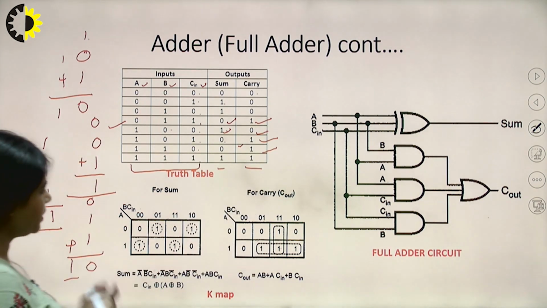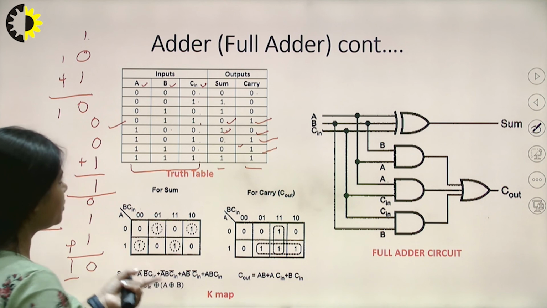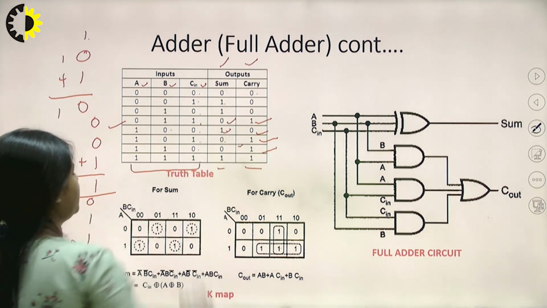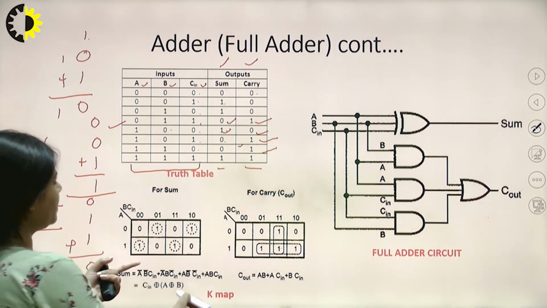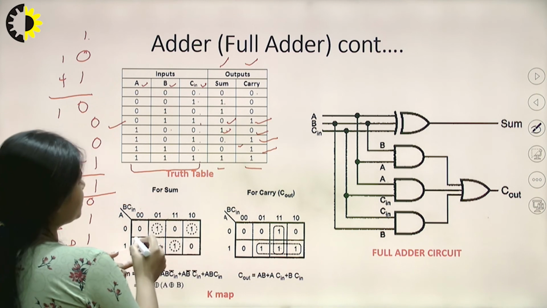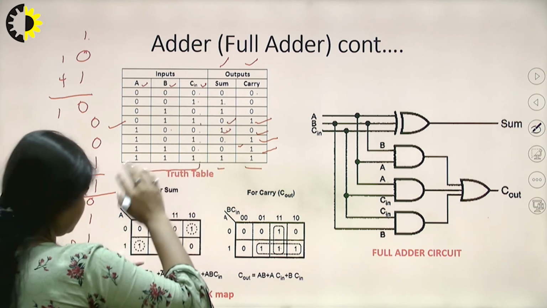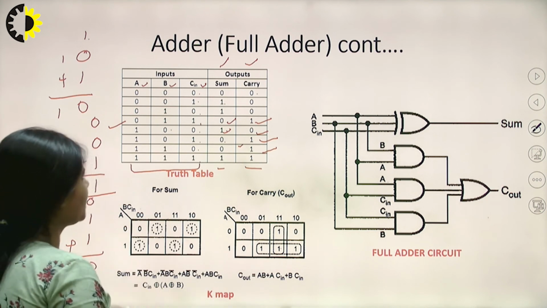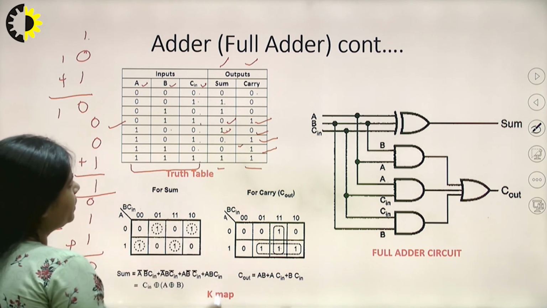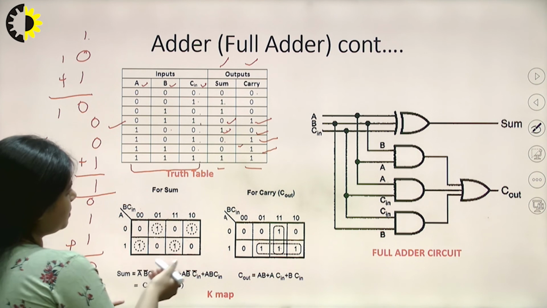Next we are going to create the K-map for sum and carry. For sum, we will write 1 at the places where the output is 1.